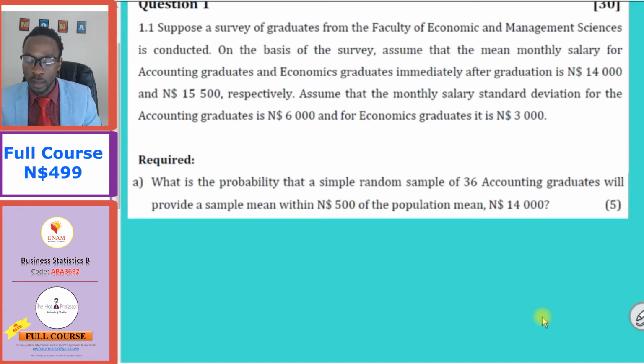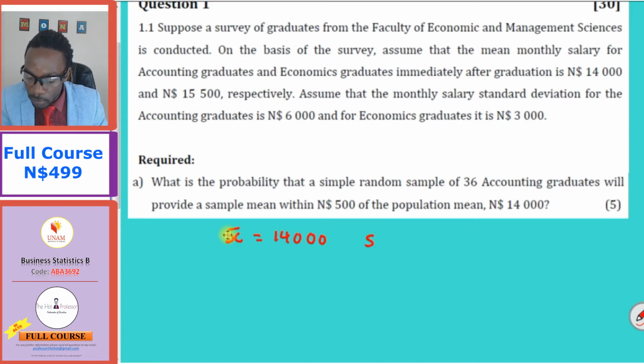The best way I like doing this is just to summarize all that information into statistical symbols. Then it becomes easy to plug into the formulas. So how do we do that? I know that my sample mean, for here we're dealing with accounting graduates, is 14,000.